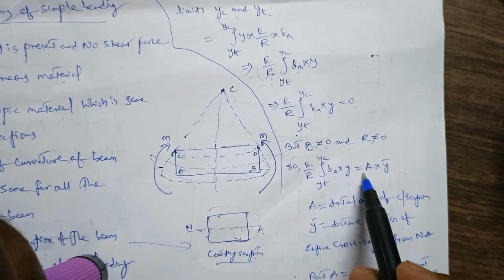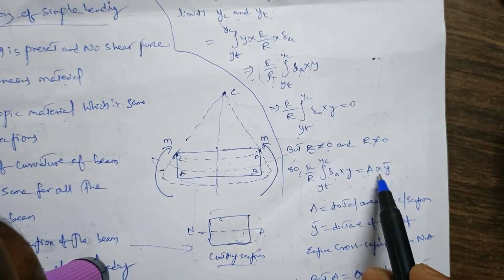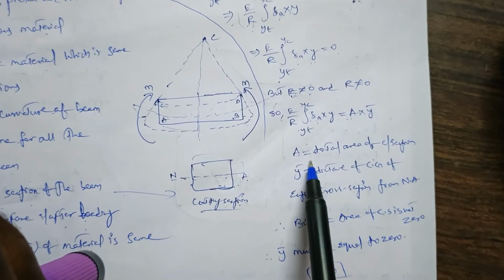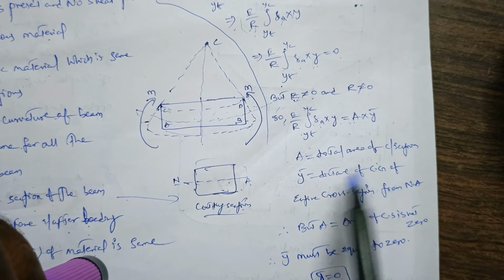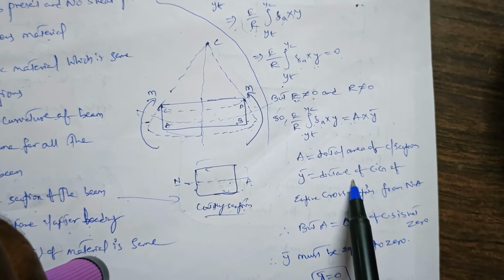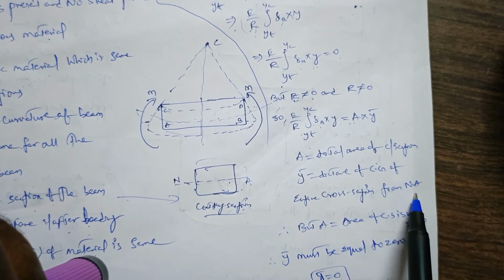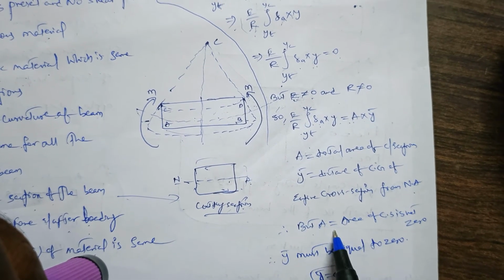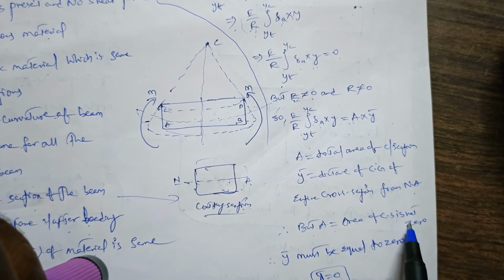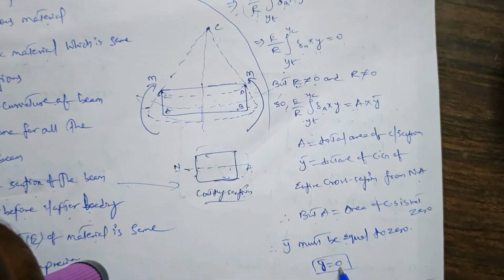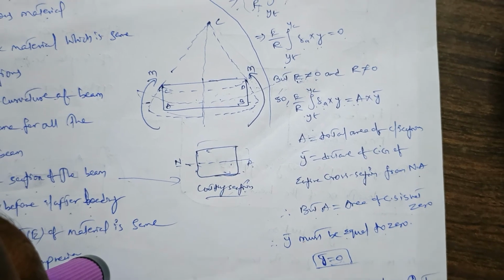Sigma a is the area of the strip, written as a, and y is written as y bar. Here a is the total area of the cross section and y bar is the distance of the center of gravity of the entire cross section from the neutral axis. But a, the area of the cross section, is not 0, so y bar must be equal to 0.